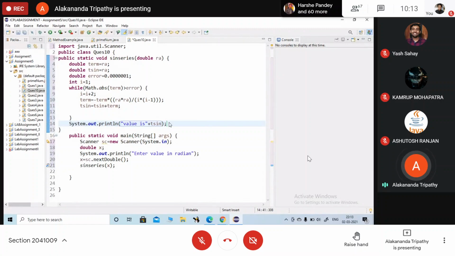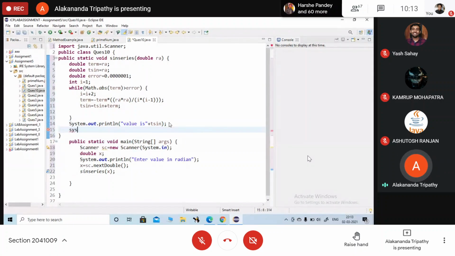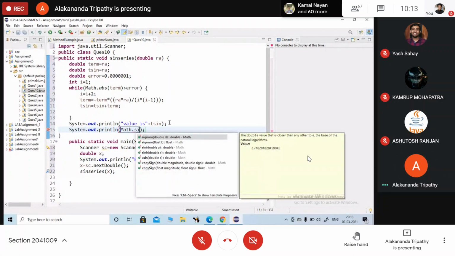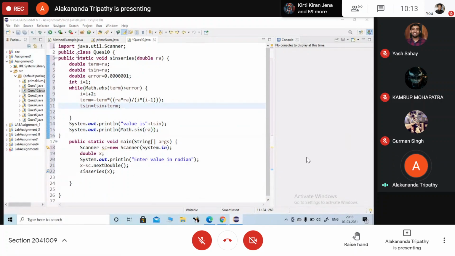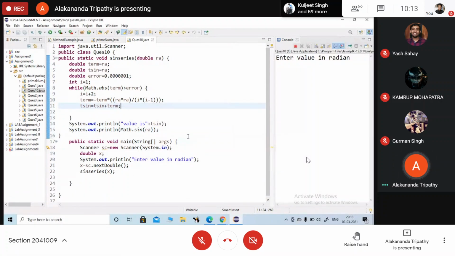In order to check whether what you have done is right or wrong, I will call the math dot sine and here I will pass the value R. Okay, now let's run the code. Give me a value. And here I have entered 2. देखो तो, do you get the value? आंसर आया तुम्हारा?